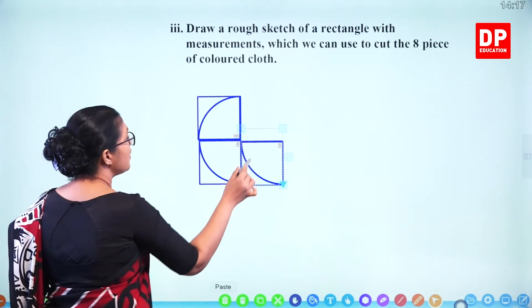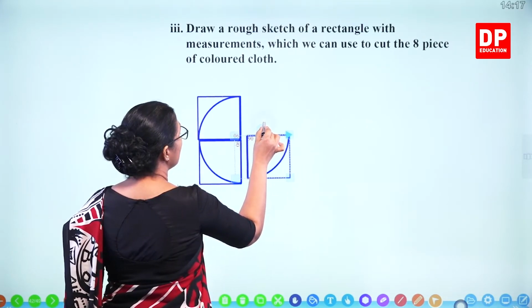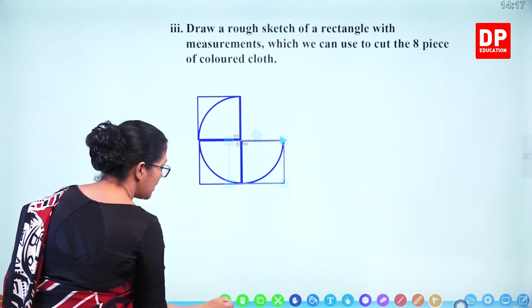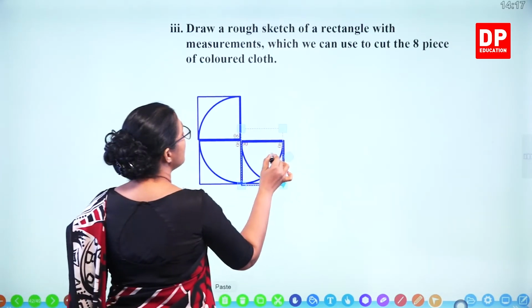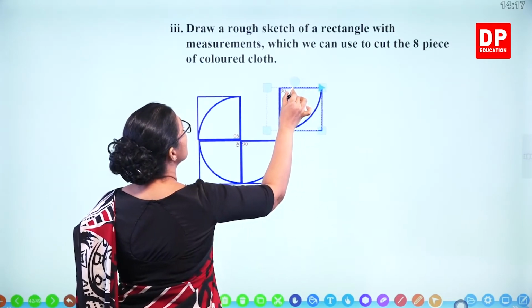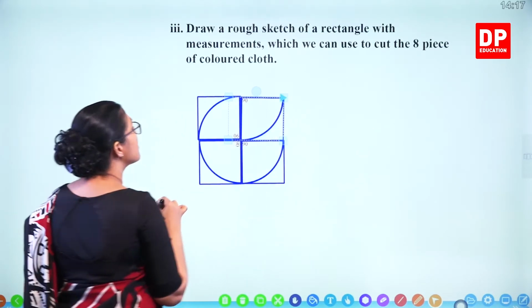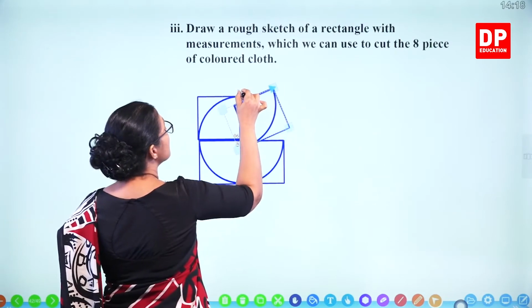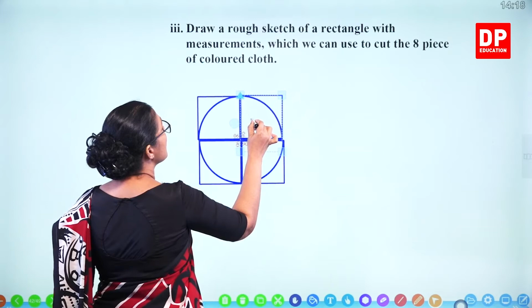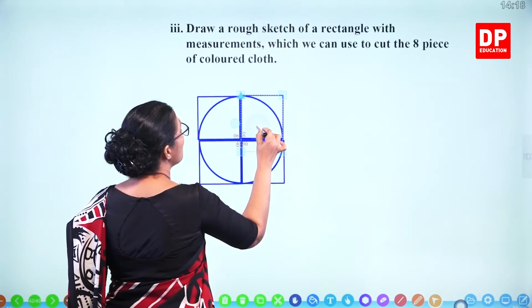And another one, we can put it like this, 3, and we'll put just like this. So we can put like this. So this is 4, used 4.